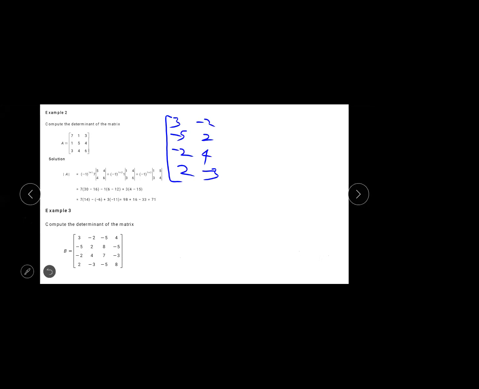We also have -5, 8, 8, 5, 7, -5, 4, 5, -3, 8. It means you are going to add these first 3 columns.